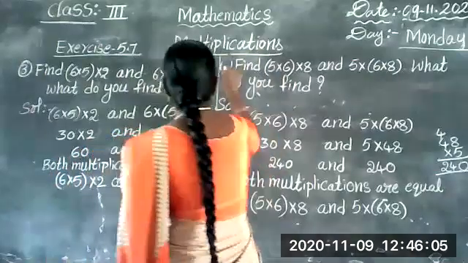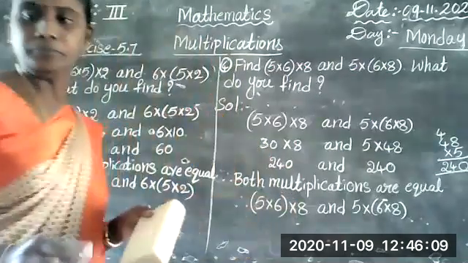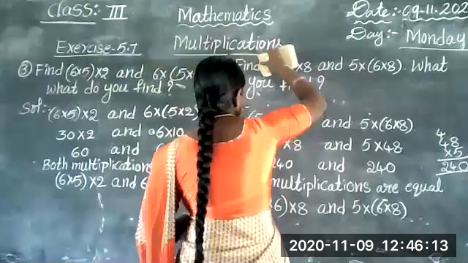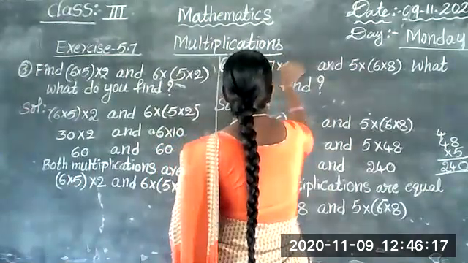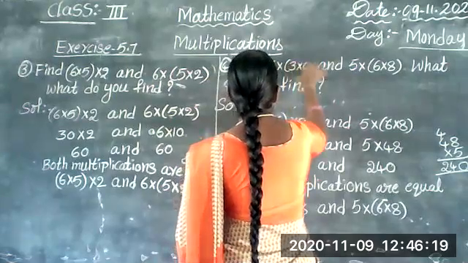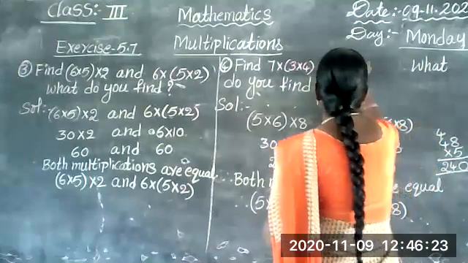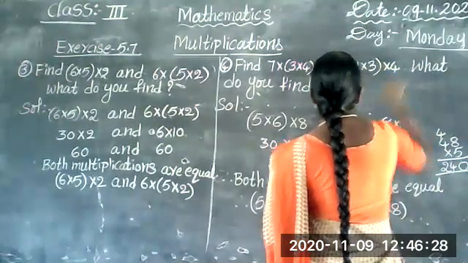Next, the fourth one. Find 7 into 3 into 4 and 7 into 3 into 4.